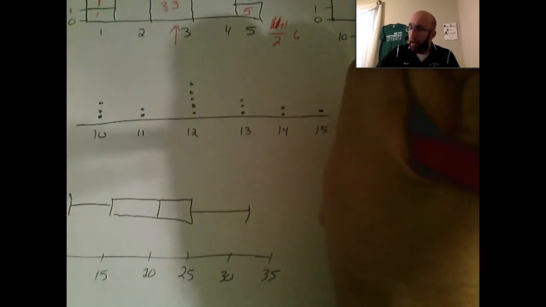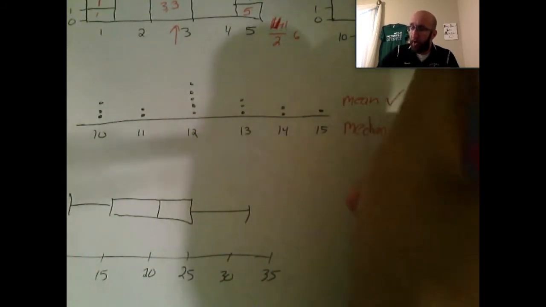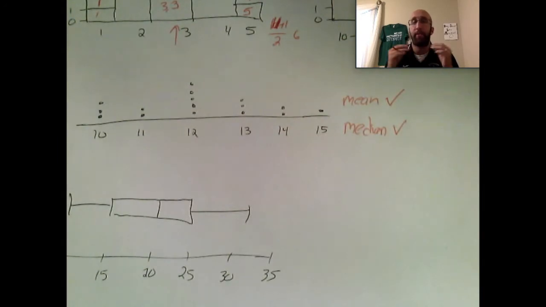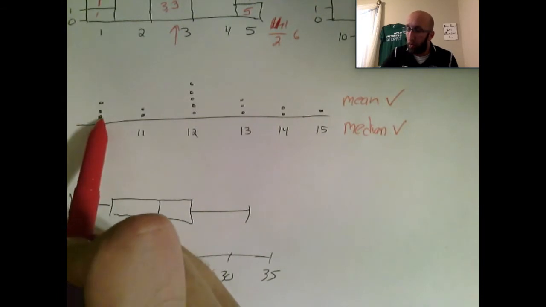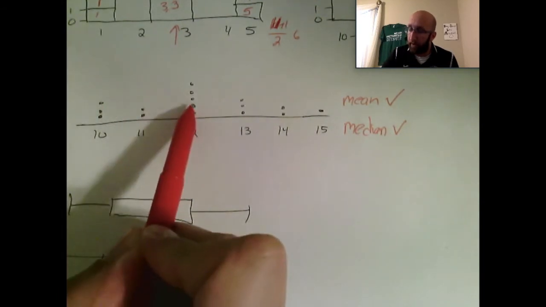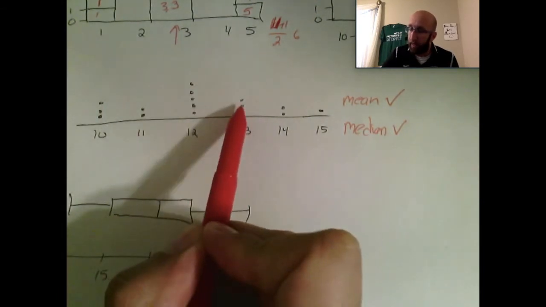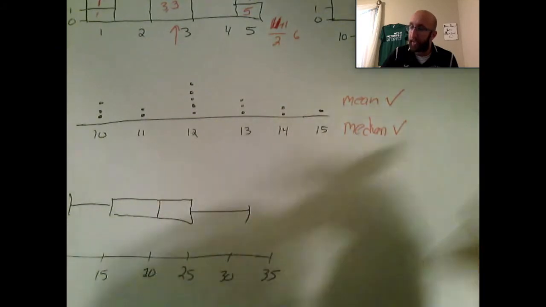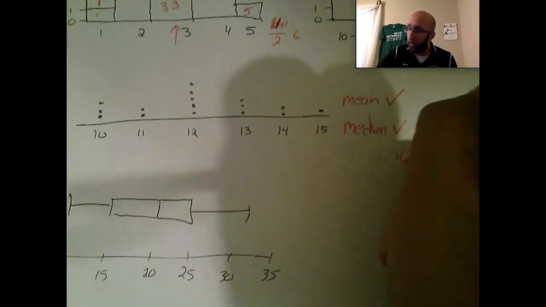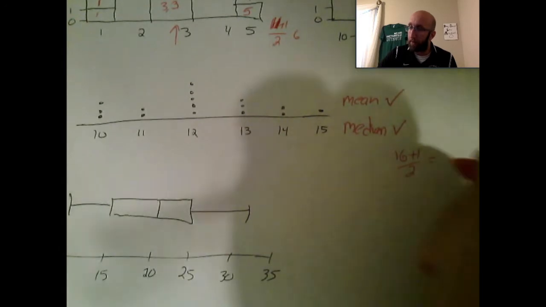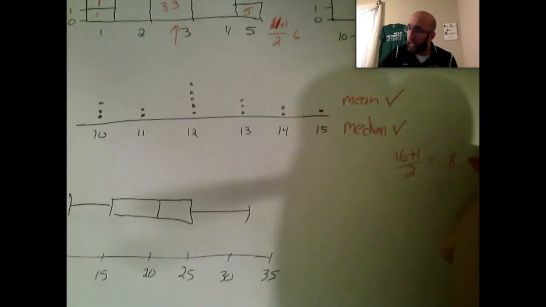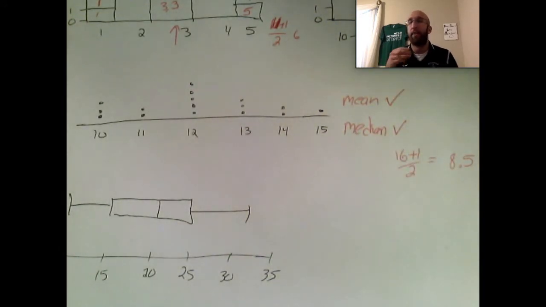The median, I can also calculate that as well. All you really need for a median is you need to know the total amount of data points. So there's 1, 2, 3, 4, 5, 6, 7, 8, 9, 10, 11, 12, 13, 14, 15, 16 data points. So I do 16 plus 1 divided by 2, which says, hey, find the 8th and the 9th data point.